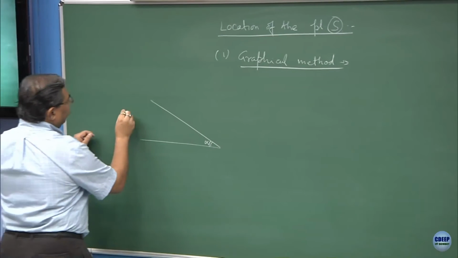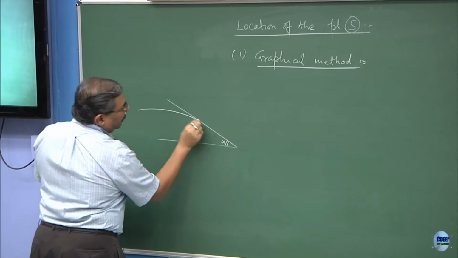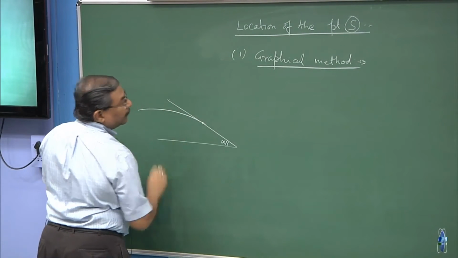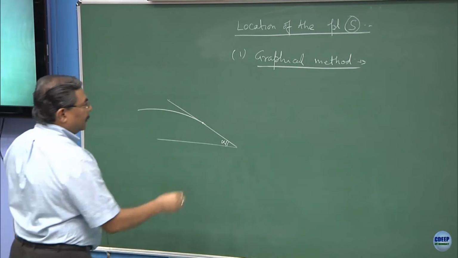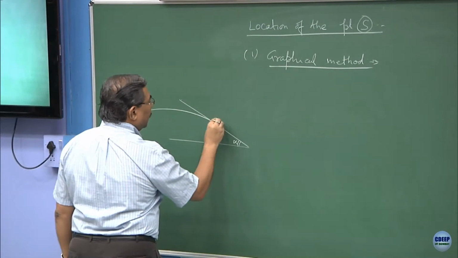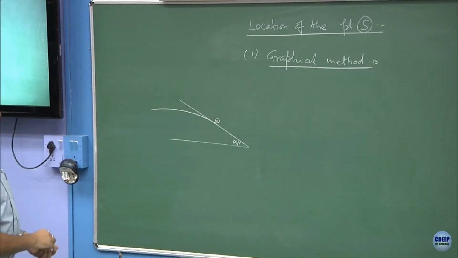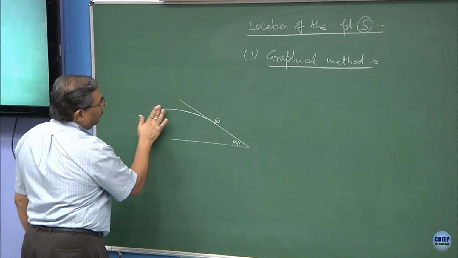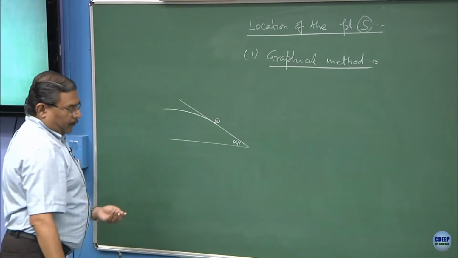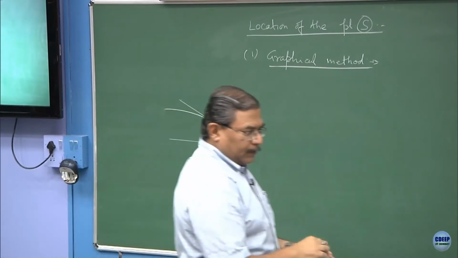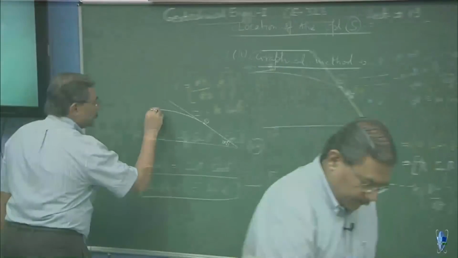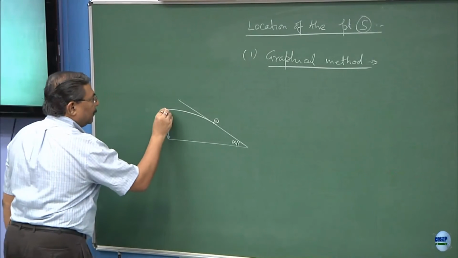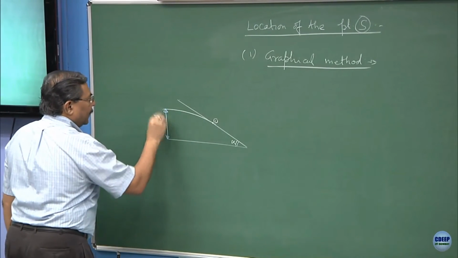What we are interested in finding out is the location of this point, which is S, and this is the height. This is the height of the water column, let us say H.